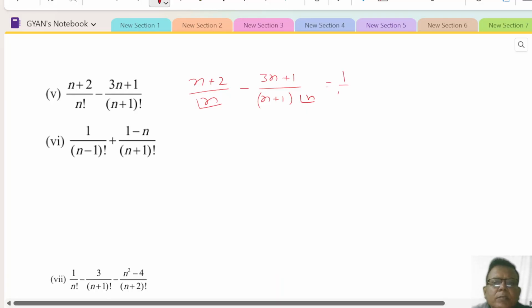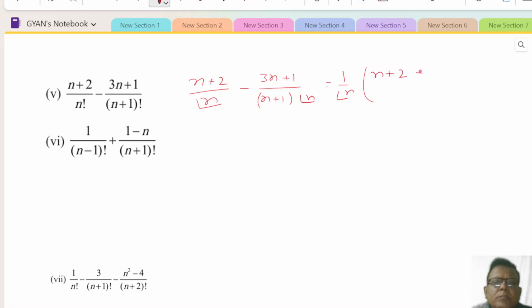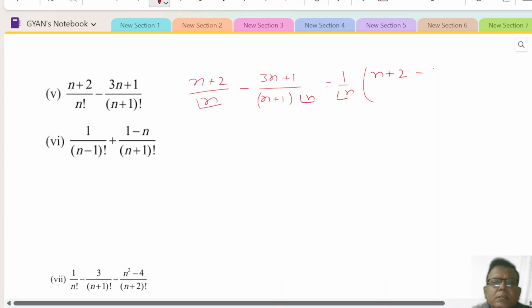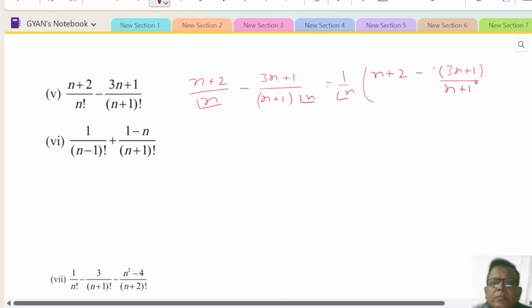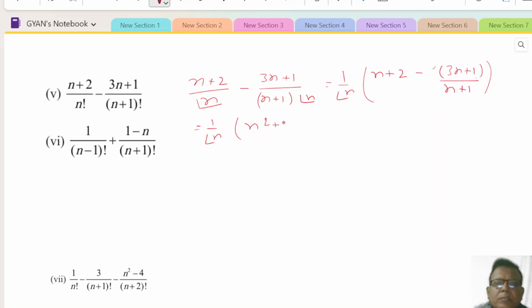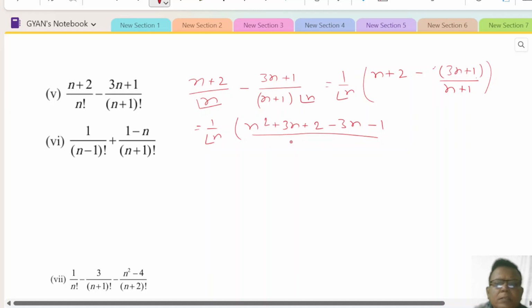So you take common factorial n, that n plus 2 minus 3n plus 1 divided by n plus 1. So that is equal to 1 by factorial n square plus 3n plus 2 minus 3n plus 1 divided by n plus 1.